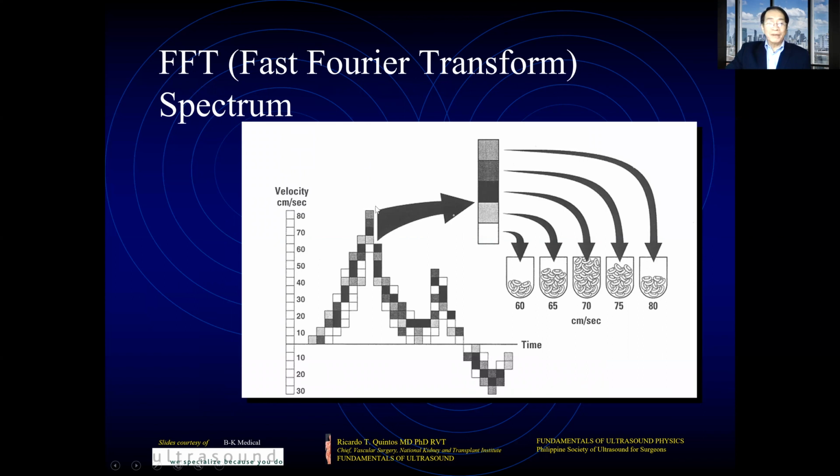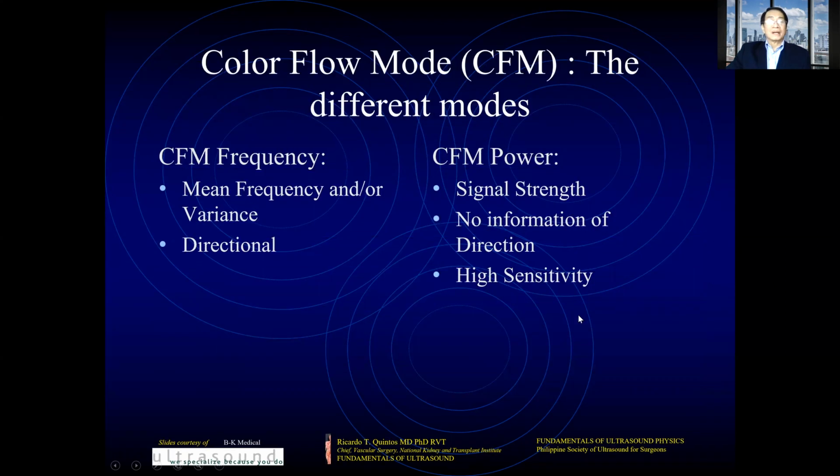So the highest frequencies or the highest velocities will be at the top of the waveform, and the lowest frequencies will be at the baseline at 0. And then if you have particles moving away from the transducer, then you will have a negative deflection in the waveform.